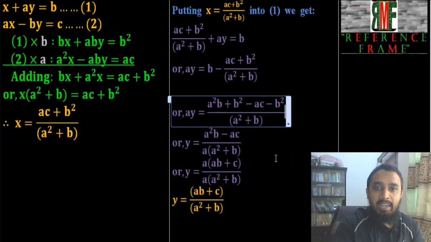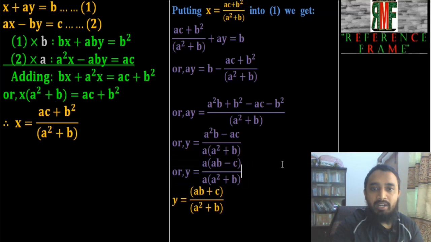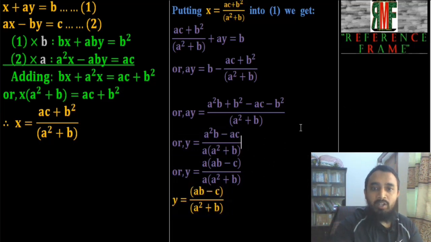We get a into ab minus c, and the denominator a into a square plus b. Okay, so look, this a and a omit each other, so we're gonna finally get the result that is written in golden format. y is equals to ab minus c divided by a square plus b.